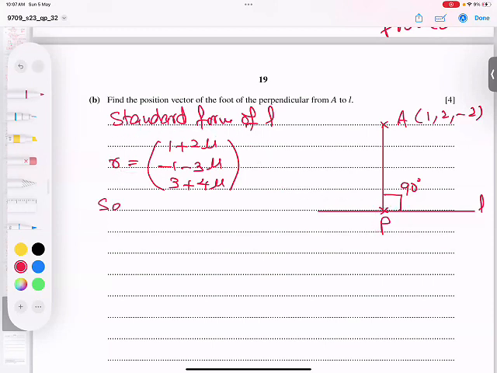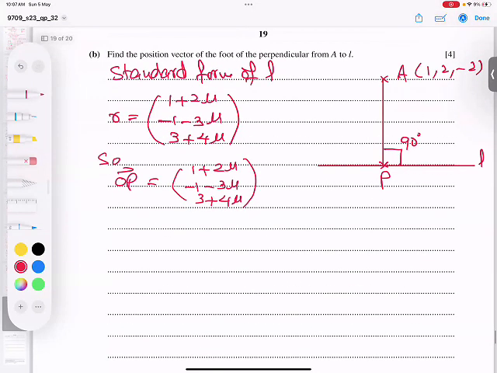So the P coordinate OP is what? And the main plan is, because of the 90 degrees, vector AP and the line direction have dot product 0. I repeat, AP vector dot B is equal to 0.